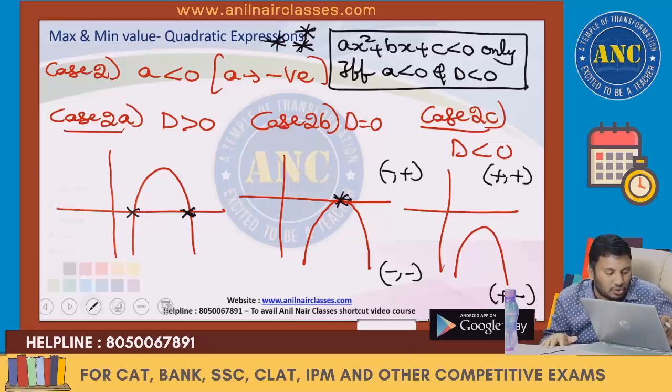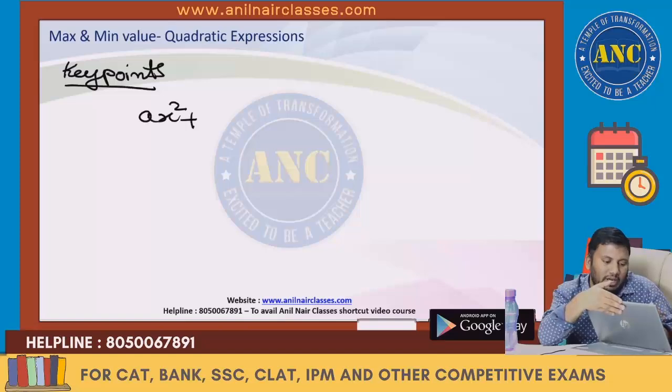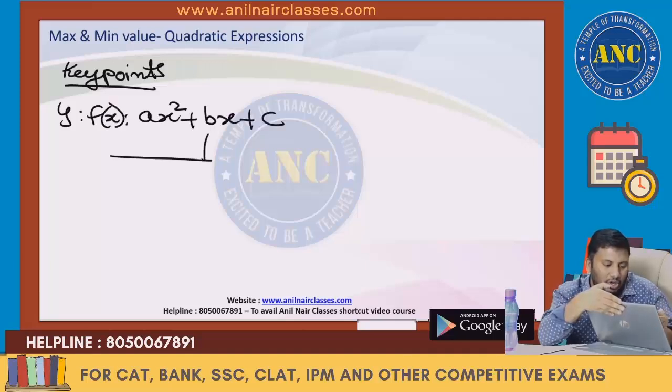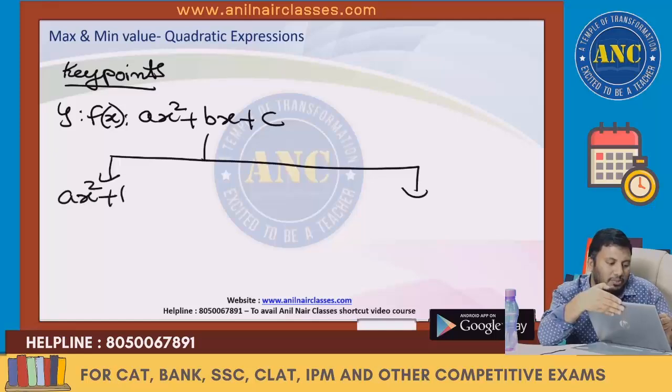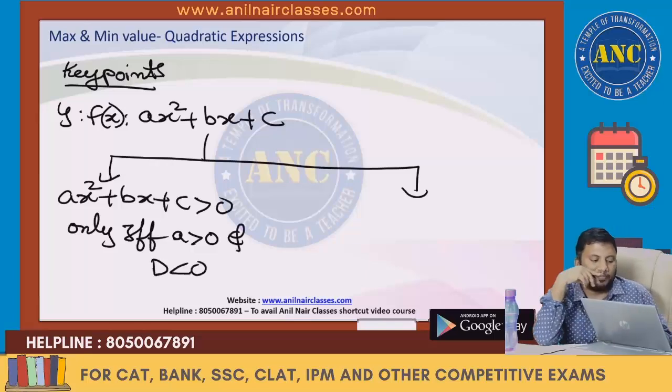We'll write these two important key points in the next slide. Two important key points. Ax square plus bx plus c. If this is y, this is a function of x. Two cases. Ax square plus bx plus c greater than 0 only if a is greater than 0 and d is less than 0.